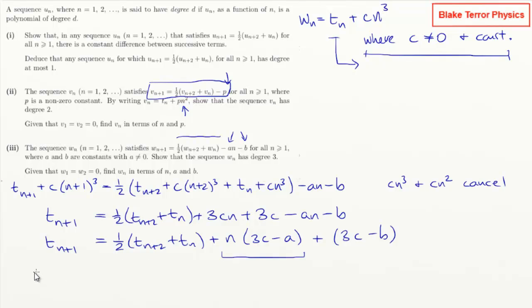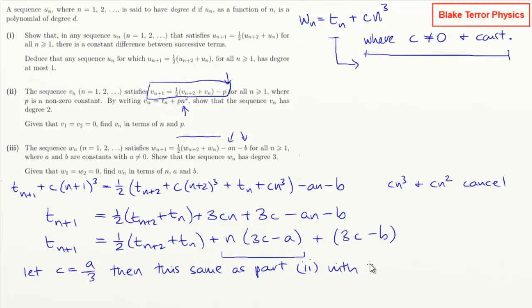So you can say, right, let's let 3c equal a. So if c is a over 3, then this solution is the same as part 2, with 3c minus b being equal to minus p.